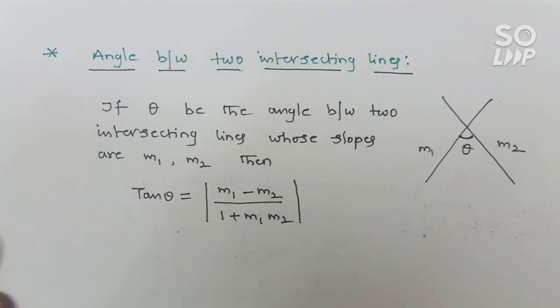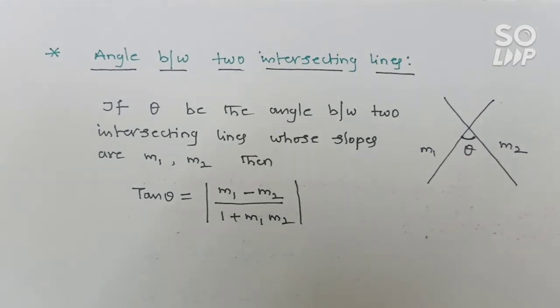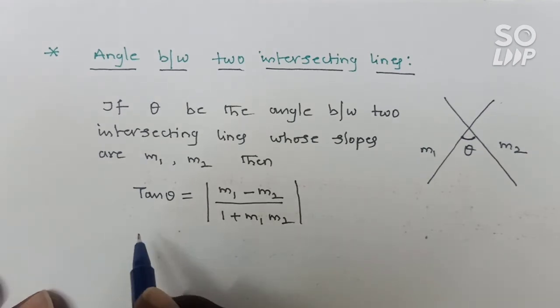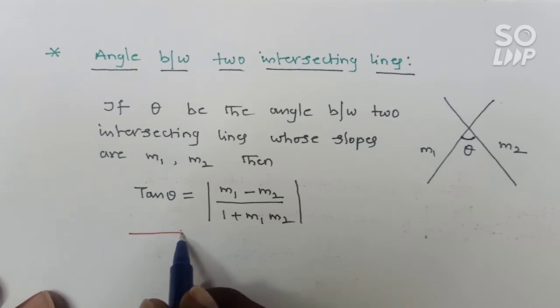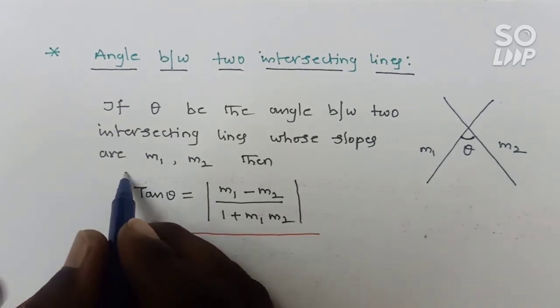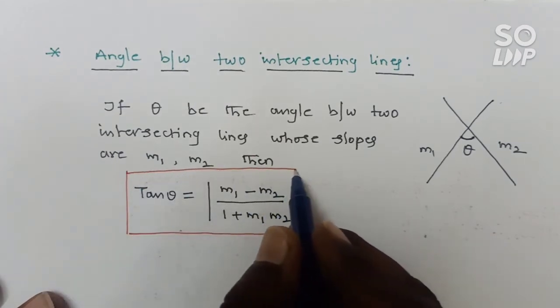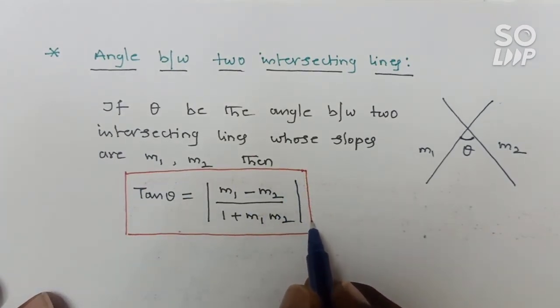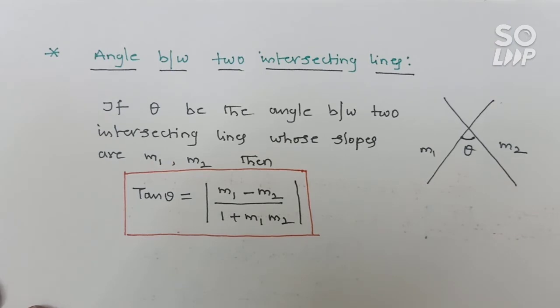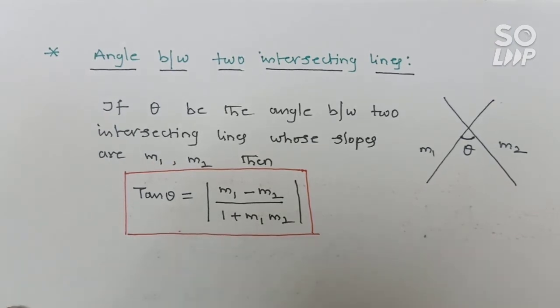If we know the tan theta value, we can find the angle between those two lines.